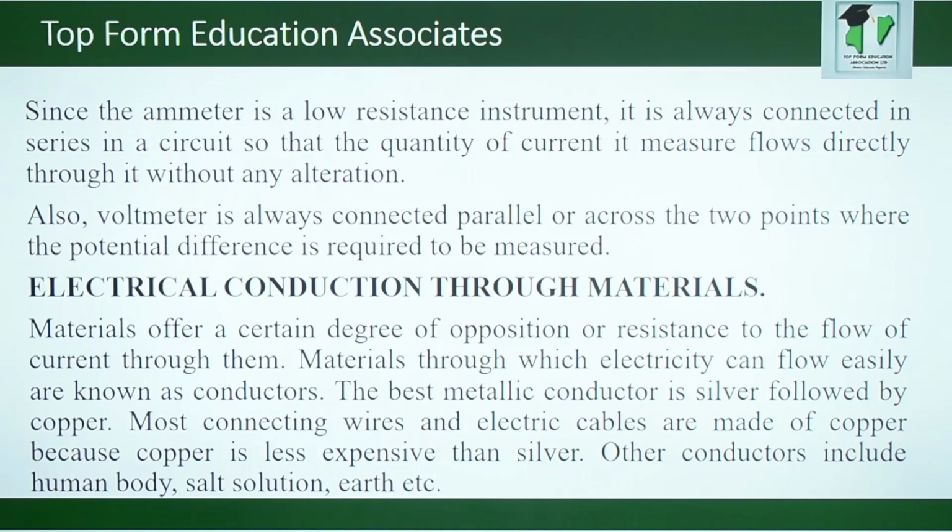For instance, you have your stainless steel plates, a flat plate, or it could be brass plates. Such materials allow current to flow through them easily. So materials through which electricity can flow easily are known as conductors.